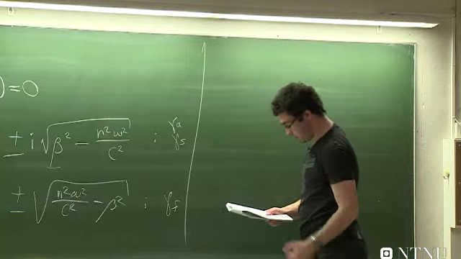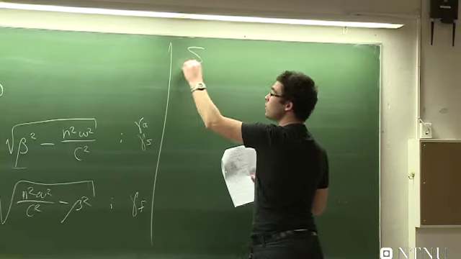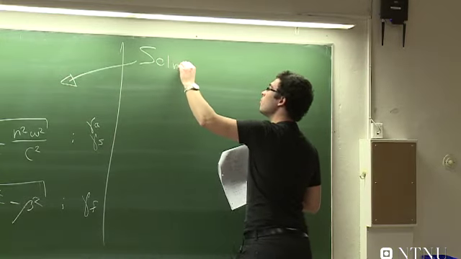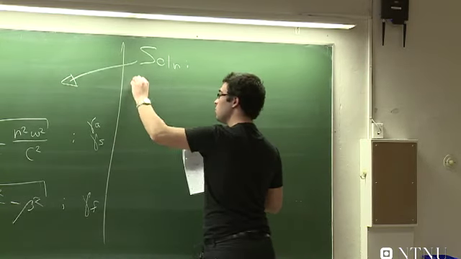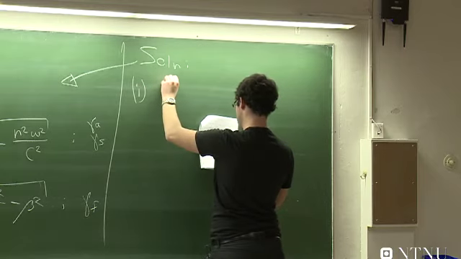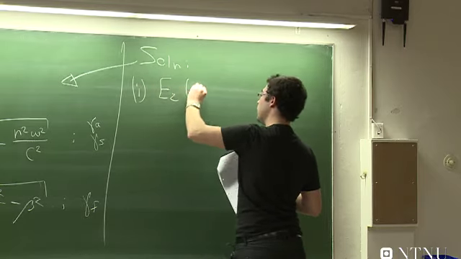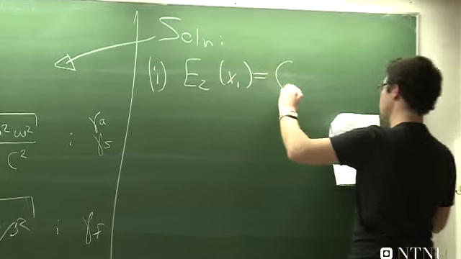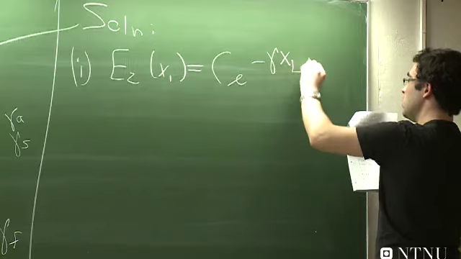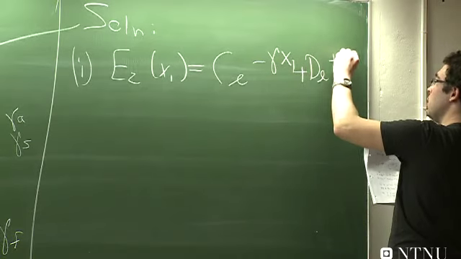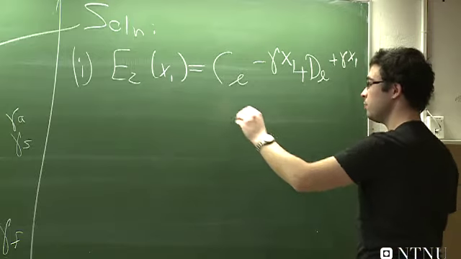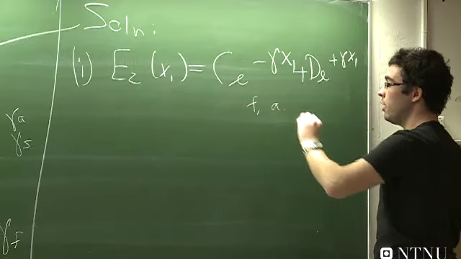So neglecting sign errors to first order, we have the solution to this equation. The first type of solution is, as you said, exponential solutions. E2 of x1 is equal to c e to minus gamma x1 plus d e to plus gamma x1. And these are the solutions we should have in the film and in air.